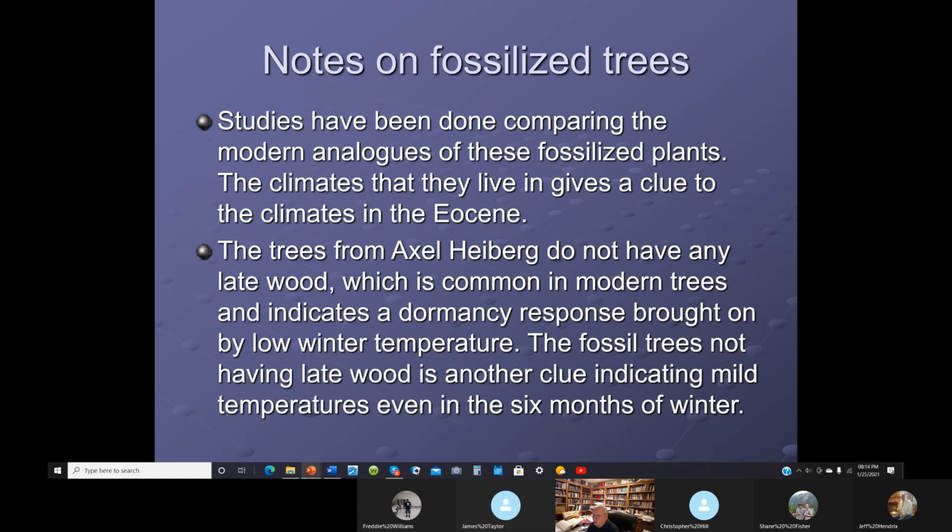But my flood model has 3 mechanisms, as I said last week. We have the 40 days of rain, 150 days of breaking up of the fountains of the deep, and 150 days of the windows of heaven. So the rain stopped, and 110 days later, the fountains of the deep and the windows of heaven stopped.